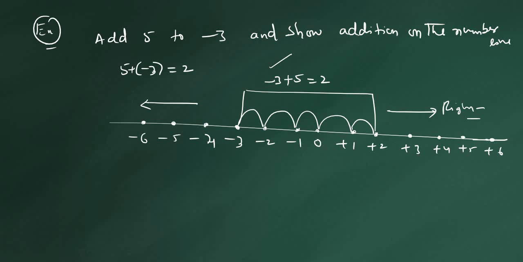Okay, let us take one more example like this. Find the value of 4 plus minus 5 on the number line. So this is a number line problem only. When a negative integer is added, what is minus 5?